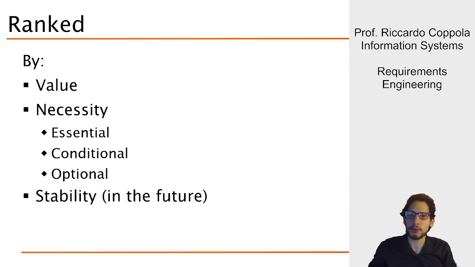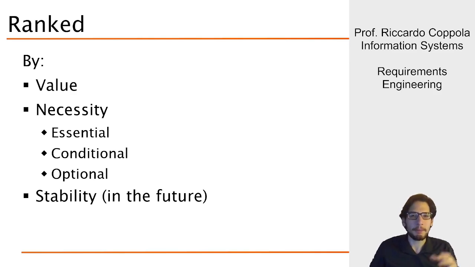I also need to give a priority to my requirements. So typically I can provide a ranking for my requirements. They can be ranked by their value from the point of view of who is commissioning the system. So higher-level requirements in terms of value bring more money, to say it easy.